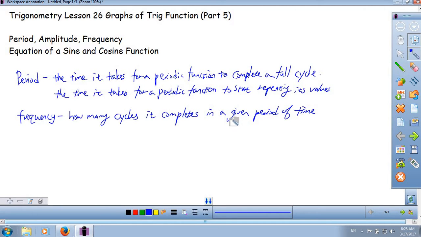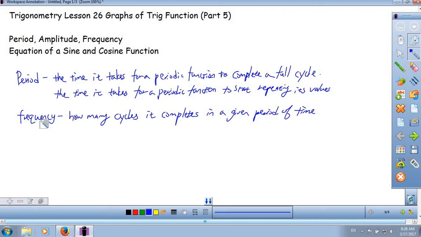We're going to see how frequency and period relate. But frequency is a very important measurement in our modern society, because we deal with frequency all the time when we deal with signals, electronic signals, radio signals. Whenever you listen to the radio, whenever you deal with wireless phones, cell phones, wireless computer Wi-Fi, your Bluetooth, everything has to do with frequency, because that's how we measure the frequency of a wave.